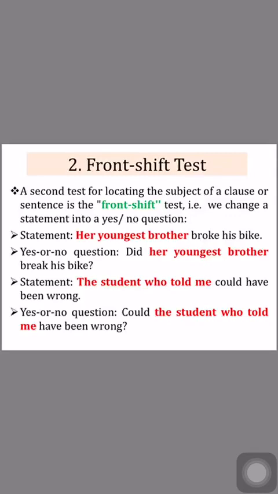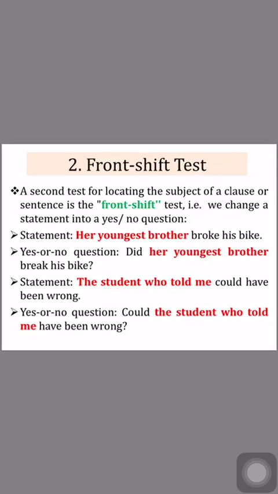So her youngest brother is considered the subject of the sentence. Broke is the main verb, his bike is the direct object. So her youngest brother, which is in the form of a noun phrase, is the complete subject, by the way. It starts the sentence, followed by the verb and then the complement.